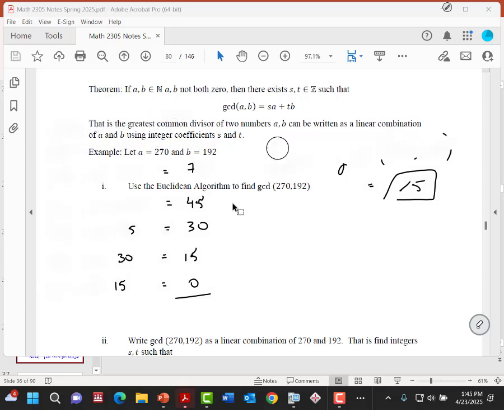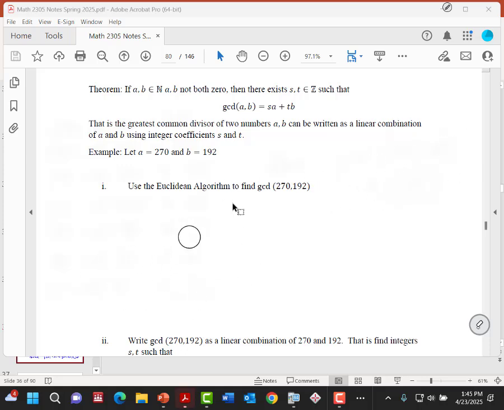So what this theorem states is that if A and B are natural numbers, A and B both not 0, then there exist integers S and T such that the GCD of A and B is equal to SA plus TB.